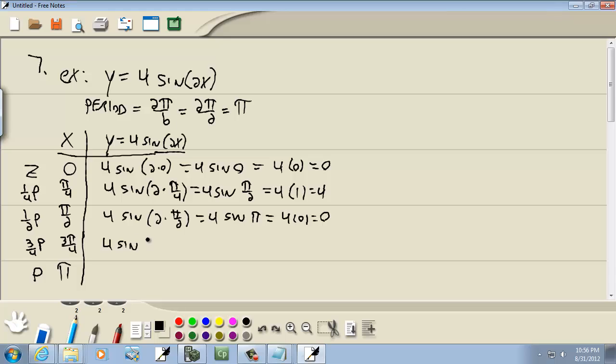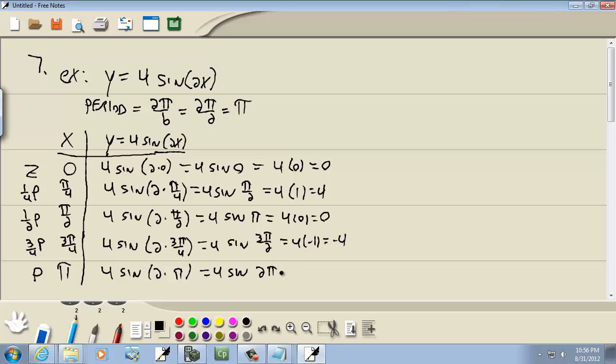And here I got 2 times 3 pi over 4, which gives us 4 sine 3 pi over 2, which gives us 4 times -1, which gives us -4. And then 4 sine of 2 times pi gives us 4 sine 2 pi, which takes us back to 4 times 0, or 0.